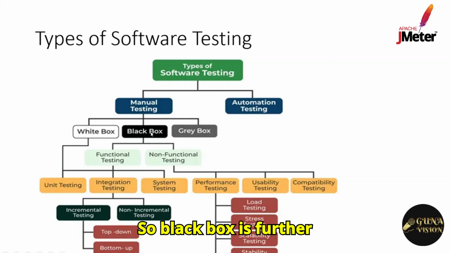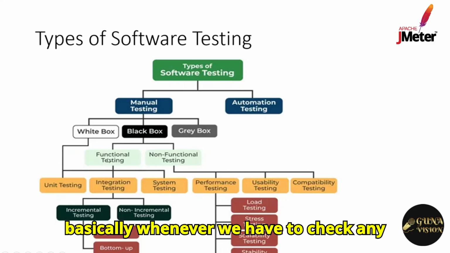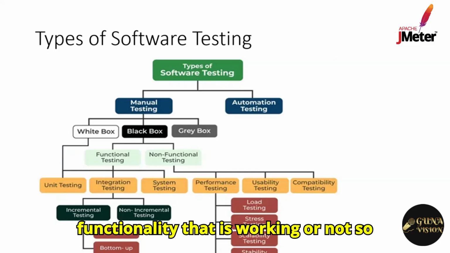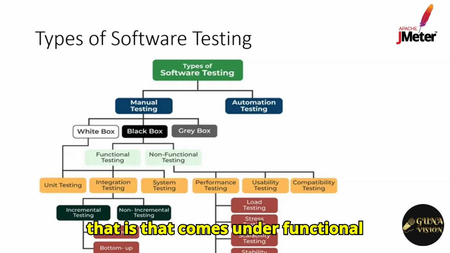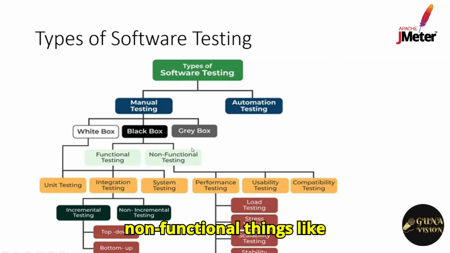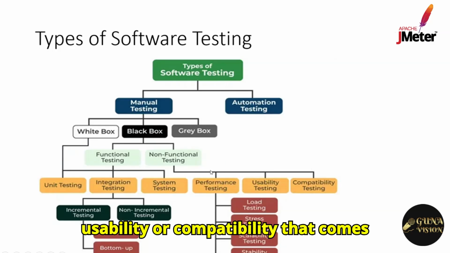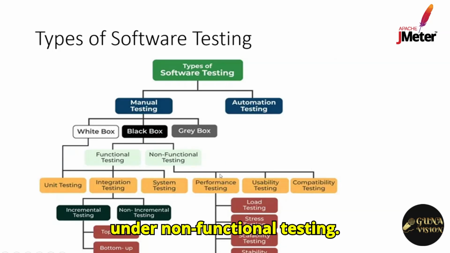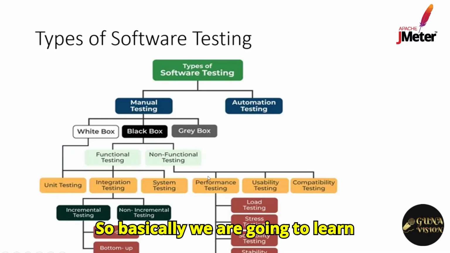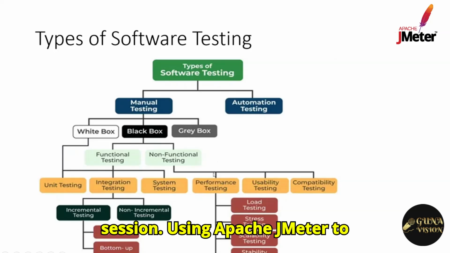Black box is further divided into functional testing and non-functional testing. Whenever we have to check whether any functionality is working or not, that comes under functional testing. But if we test non-functional things like performance, usability or compatibility, that comes under non-functional testing. So we are going to learn about performance testing in this session.